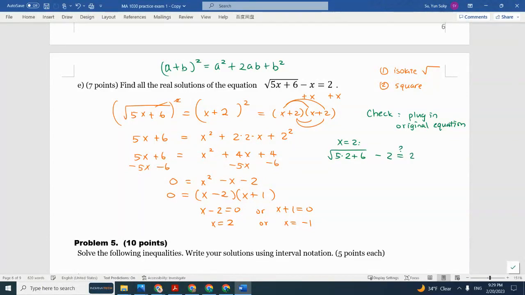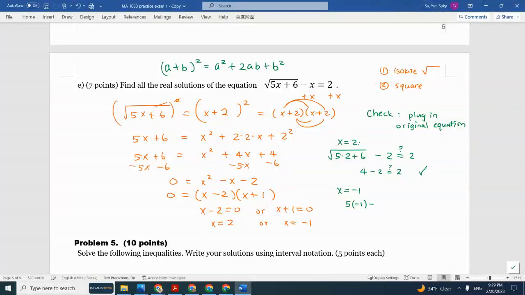Is it equal to 2? 2 times 5 is 10. 10 plus 6 is 16. Square root of 16 is 4. 4 minus 2. Is it 2? Yes.